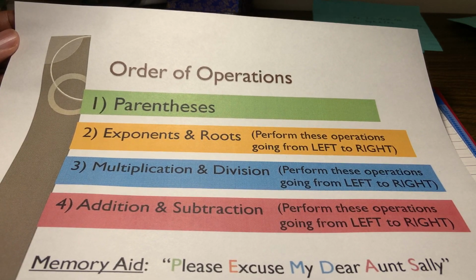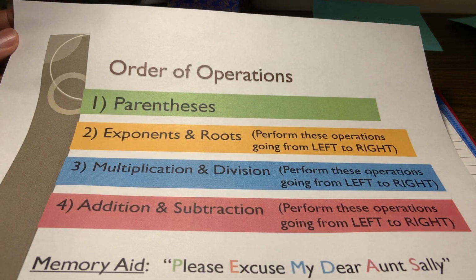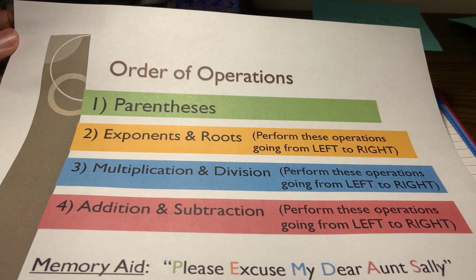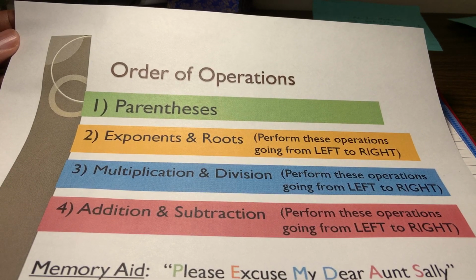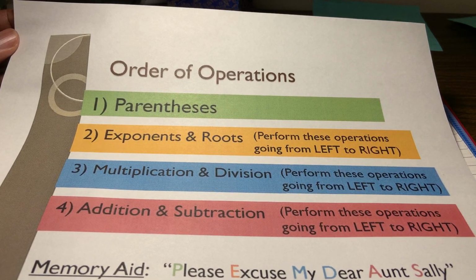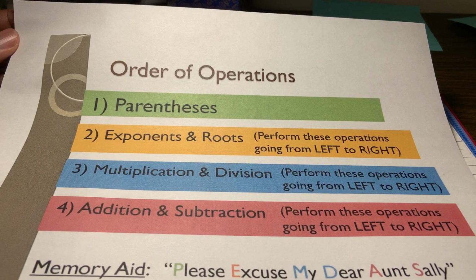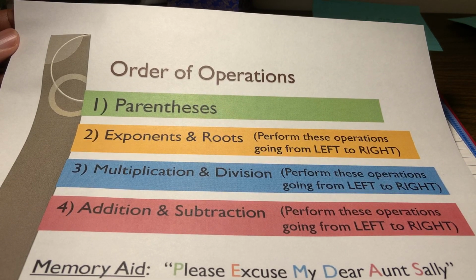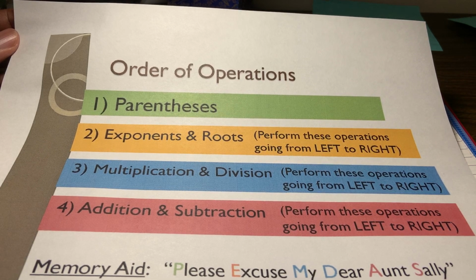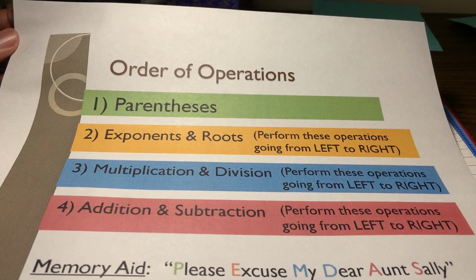Okay, so now that we have these steps, I want to say a couple of things before we move on to our first problem. A common misconception about order of operations is that you always multiply first, then divide, and then you always add before you subtract. That is not the case.